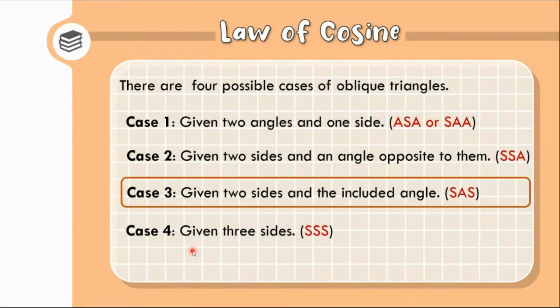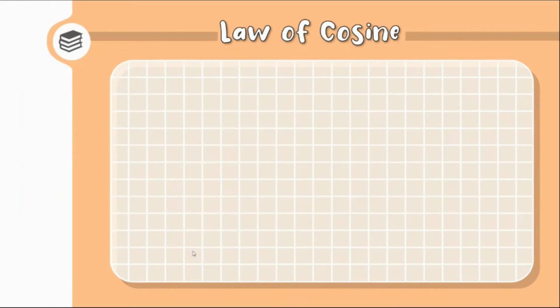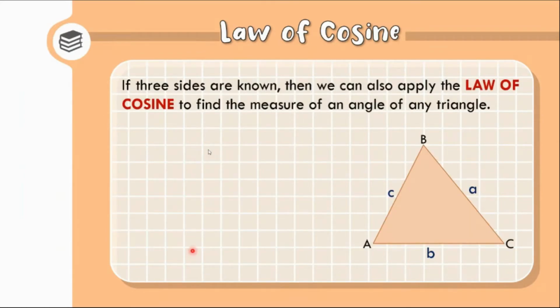This time, let us solve case number 4 using the law of cosines, given the 3 sides. If 3 sides are known, then we can also apply the law of cosines to find the measure of an angle of any triangle. So this time, we will find the measure of the angles given the lengths of the 3 sides here. With that, we will use the equation cosine A is equal to B squared plus C squared minus A squared all over 2BC.